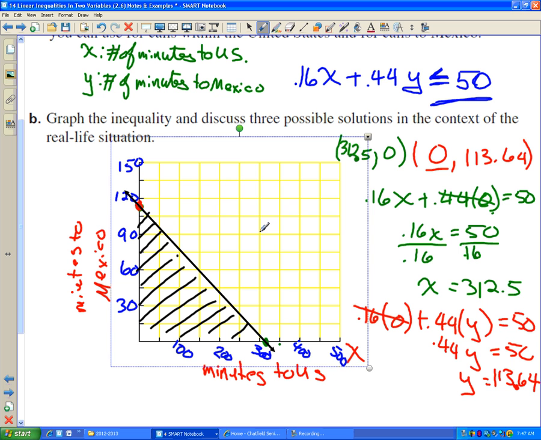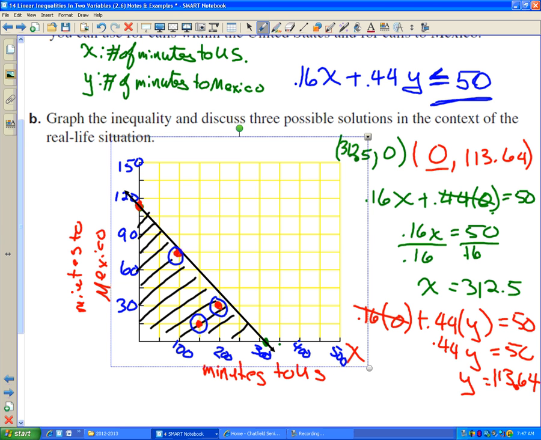Now this point right here, 160, that looks like a good point in my bounded region. 150, 15 is a good point in my bounded region. And let's go with 230. That's a good point in my bounded region. These 3 points look like they're all in my bounded region.